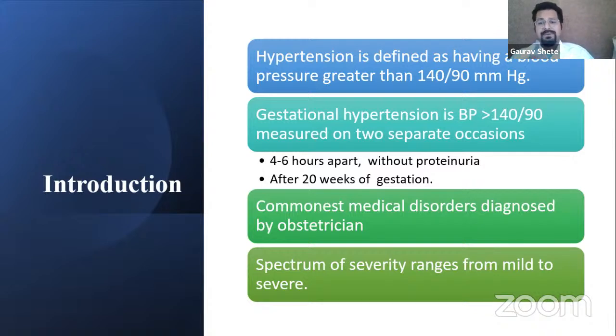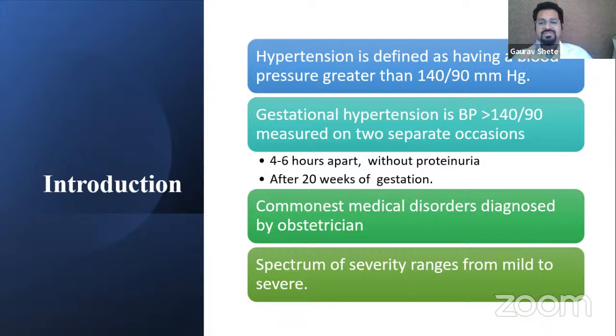Okay. So hypertension again is defined as a blood pressure more than 140/90. Now there are 4 variants to this. There is gestational hypertension, there is preeclampsia and eclampsia syndrome, there is chronic hypertension, and there is preeclampsia superimposed on chronic hypertension.